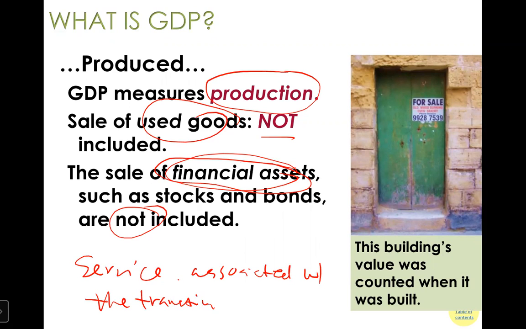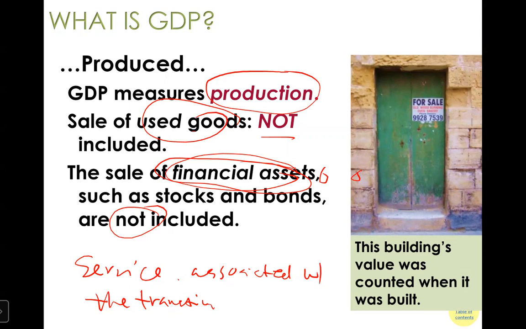For example, you sell a house that was built 20 years ago, so you need to hire an agent. Or say Elon Musk is trying to acquire Twitter, and he hired lawyers or financial analysts. Those are services, so those are considered GDP of the current year.